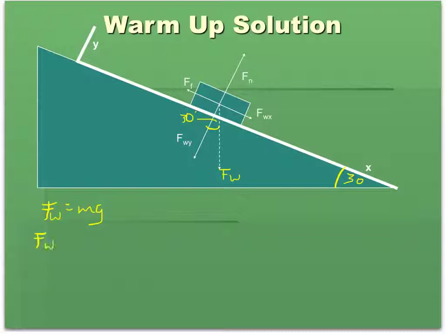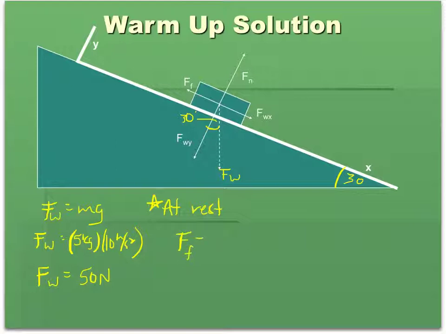So Fw is 5 kilograms times 10 meters per second squared, or Fw is equal to 50 newtons. We also know that this block is at rest. So since it's at rest, that tells me that my frictional force has to be equal in magnitude to my Fwx because it's not moving down the incline.